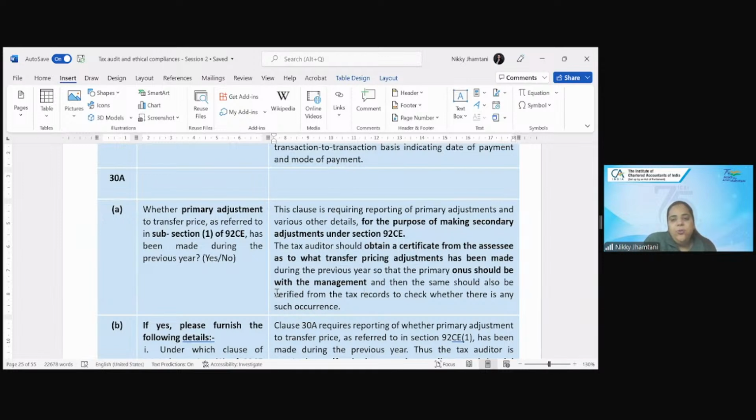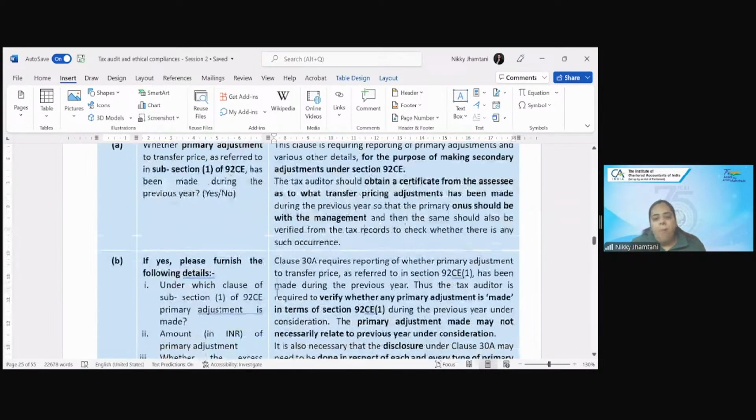The tax auditor should obtain a certificate from the assessee as to what transfer pricing adjustments have been made during the previous year, so that the primary onus should be with the management, and then the same should also be verified from the tax records to check whether there is any such occurrence.